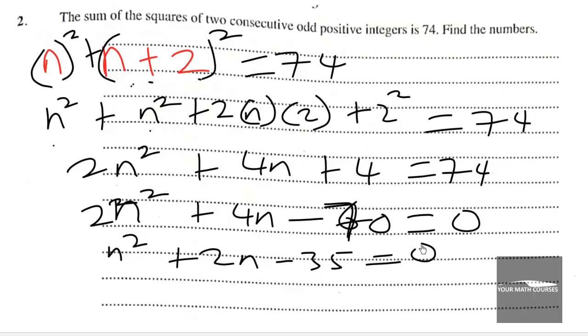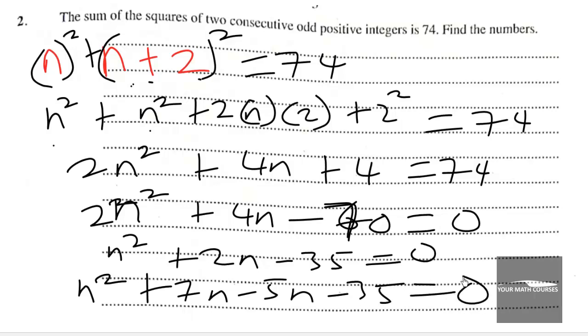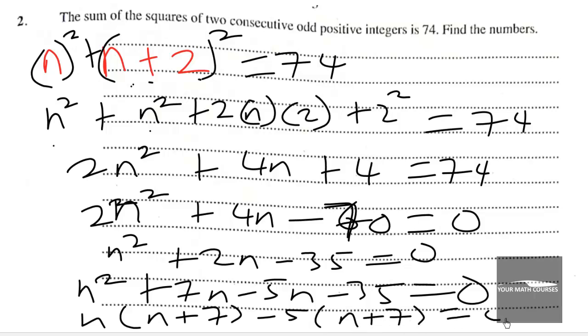Two factors of negative 35 that when we add we get 2n are negative 5 and positive 7. So we have n squared plus 7n minus 5n minus 35 is equal to 0. So n into bracket (n plus 7) minus 5 into bracket (n plus 7) is equal to 0.